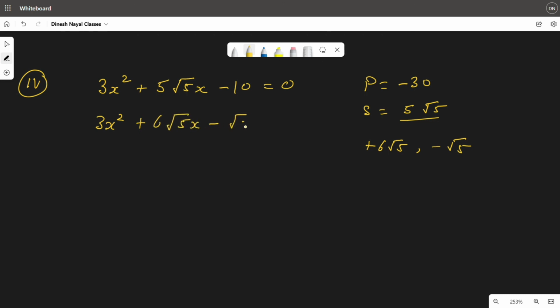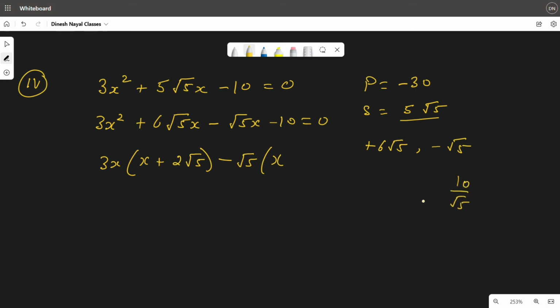minus root 5x minus 10 equals 0. So see, from here you can take 3x common. So this will be x plus 2 root 5, and from here you can take root 5 common. Now see, when we take it common, we have to divide, so 10 by root 5.